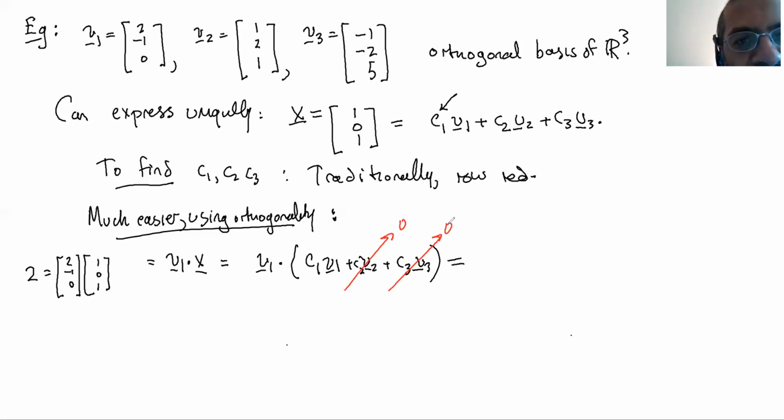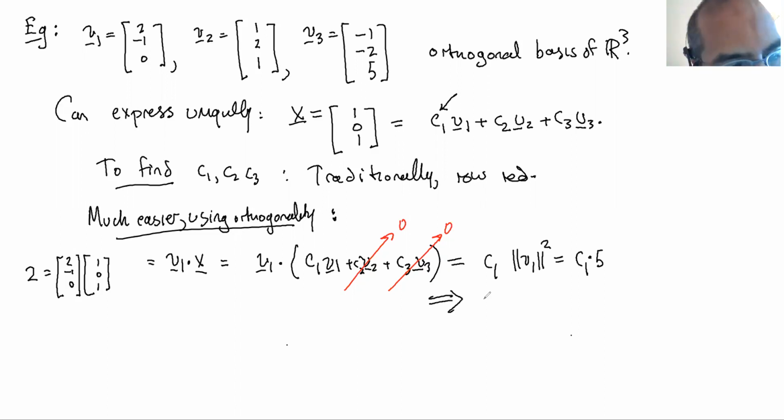And so I get that this is literally just C1 times norm of U1 squared, which is C1 times 5. But now I can just solve for this, right? That means C1 is equal to 2 over 5.